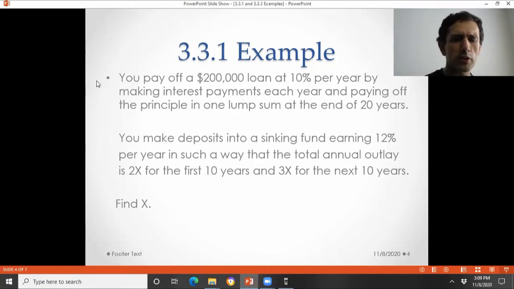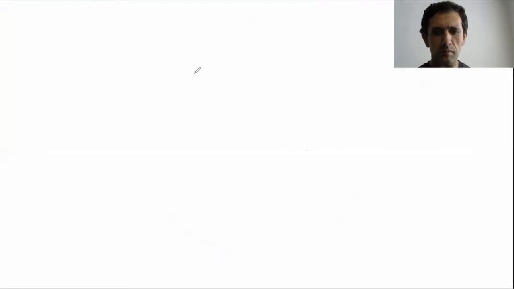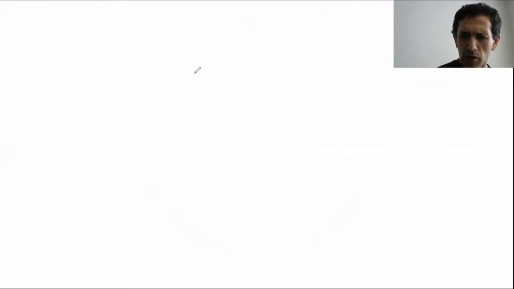Okay, so if you understood the setup with sinking funds, this is not too bad. We're just going to have to use our annuity logic to solve this. So let's do just that. All right, so let's get the yearly interest that we have to pay.